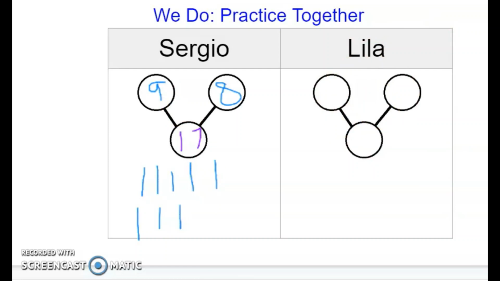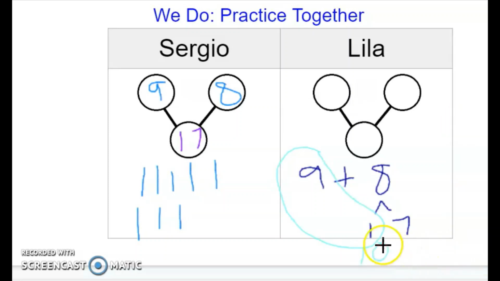Lila wrote out the expression just as her teacher gave it, which was 9 plus 8. Then Lila decided to take out 1 from the 8 and give it to the 9 here. That gave us 10.